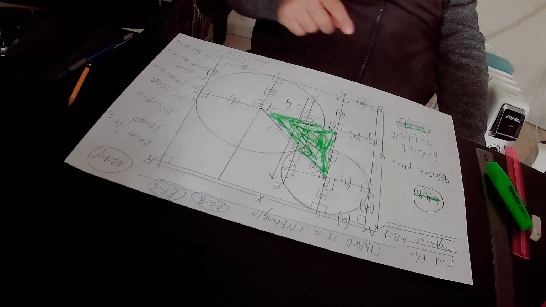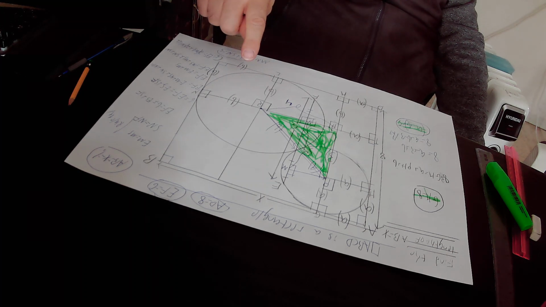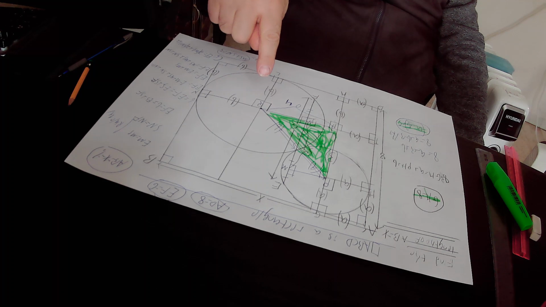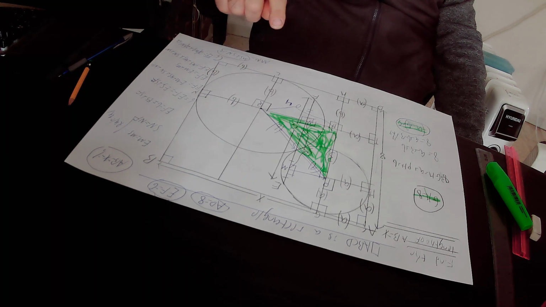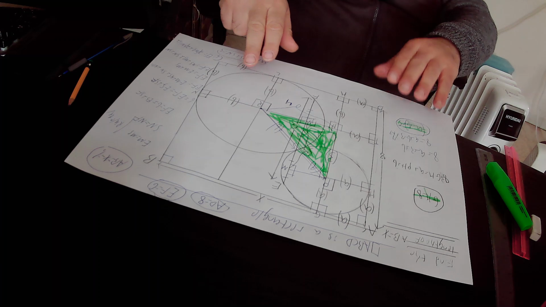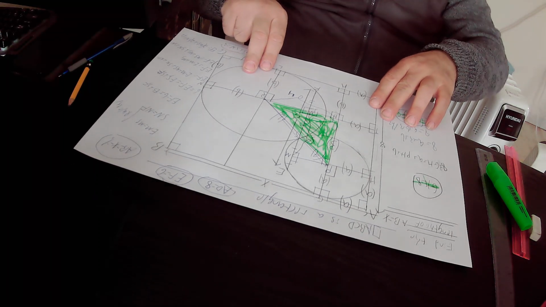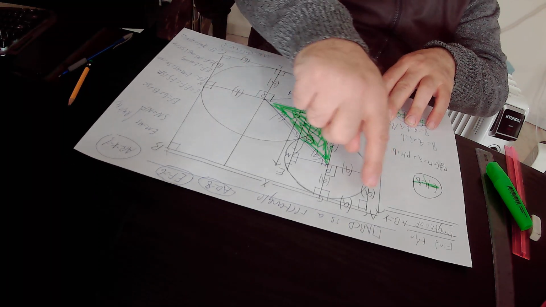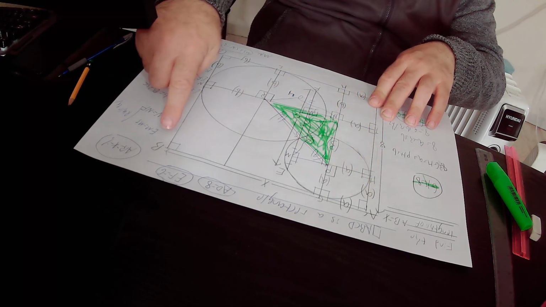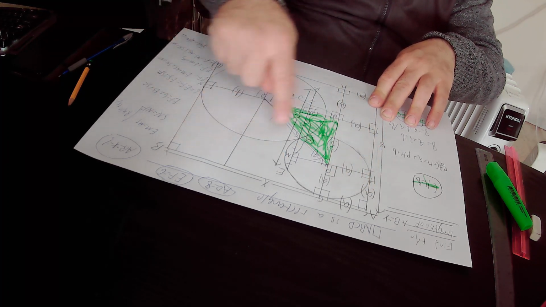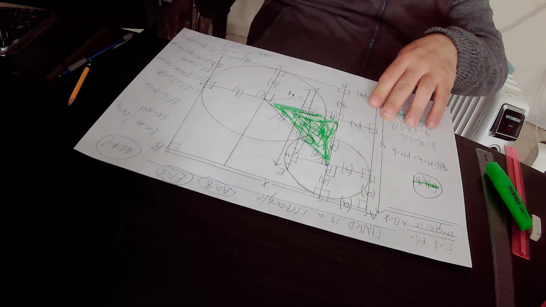Anyway, we know that QN is the radius of the big circle that is equal to B. Okay, so inside the quadrilateral ABTN we have 1, 2, 3, 4 right angles.